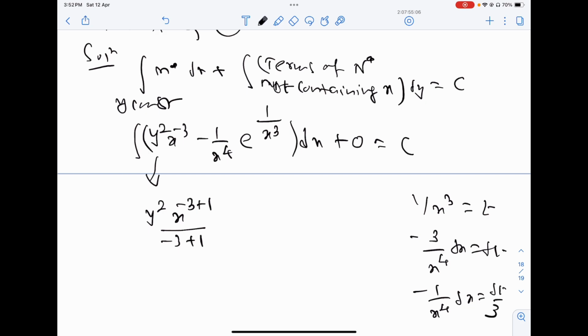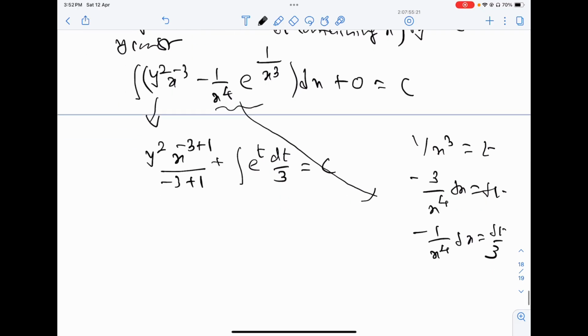So we can write like this, plus integration of e power t dt by 3 equal to c.